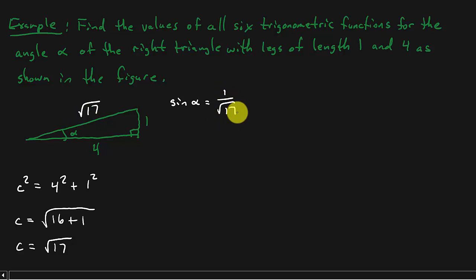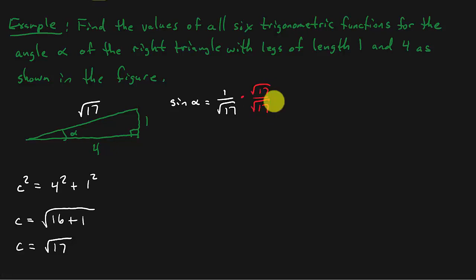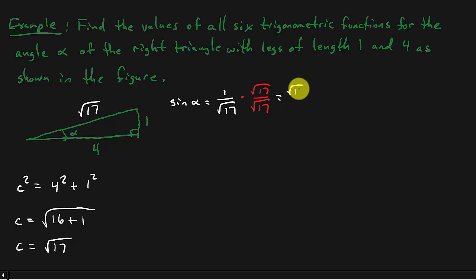Now we know that we don't leave our answer like this, do we? We've got to rationalize the denominator. So to rationalize the denominator, I'll show how to do it on this one, and then I won't show it after this one. So this is just square root of 17 over 17. Okay, so there's sine alpha.